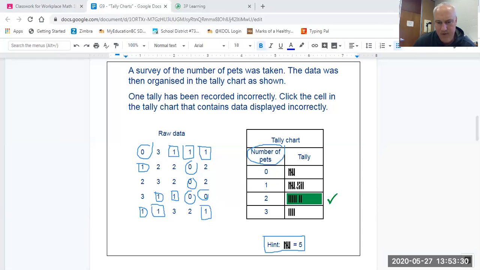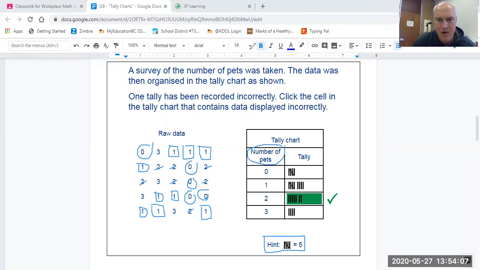So this is 5 plus 1, 2, 3, 4. 5 plus 4 is 9, so that looks right as well. Now, for 2s, what we have here is 1, 2, 3, 4, 5, 6, and 7. At first glance, this looks correct, but are we supposed to represent 5 with 5 lines, or are we supposed to put 4 lines and a slash? Well, we're supposed to put 4 lines and a slash, so this is in fact not correct, and when we click on this, this will be the correct answer. Hopefully that makes sense to you.